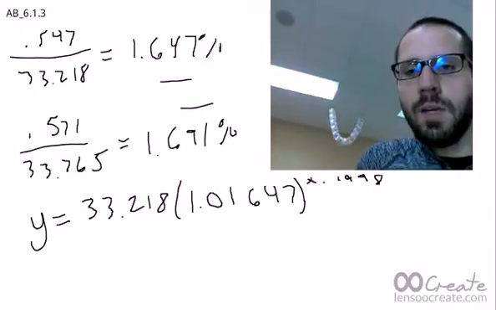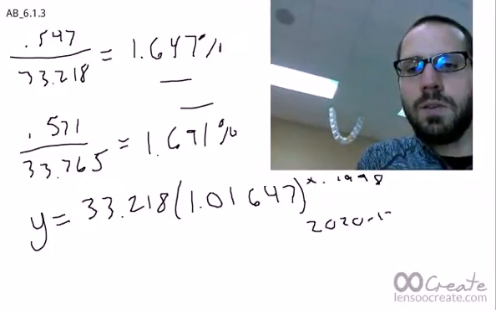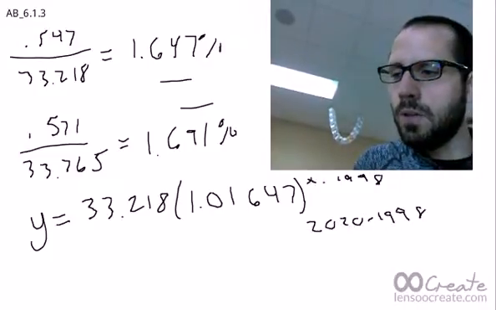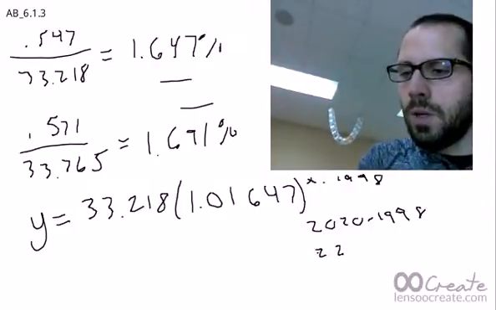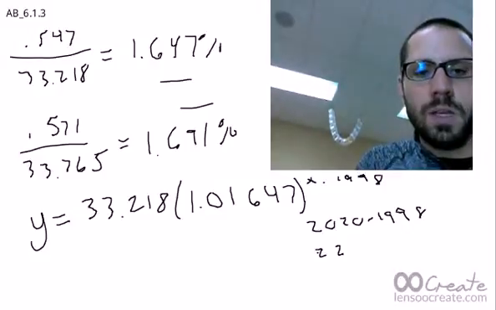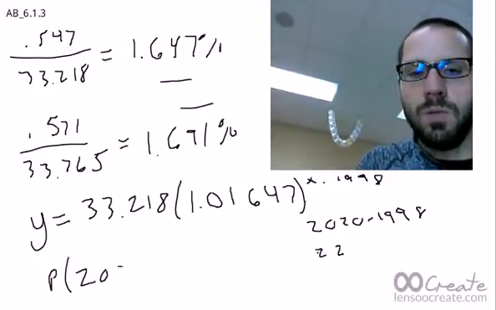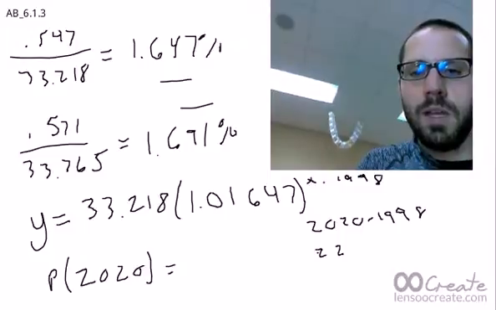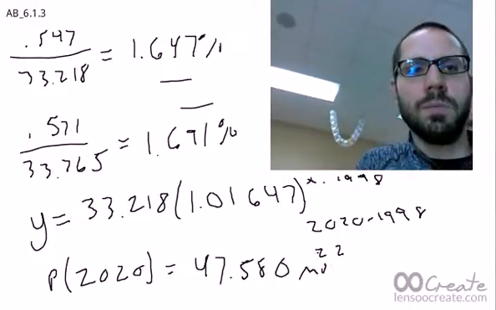Then we can put right in 2020 minus 1998, get our exponent of 22. So we are thinking our population in 2020 would be 47,580,000,000 people.